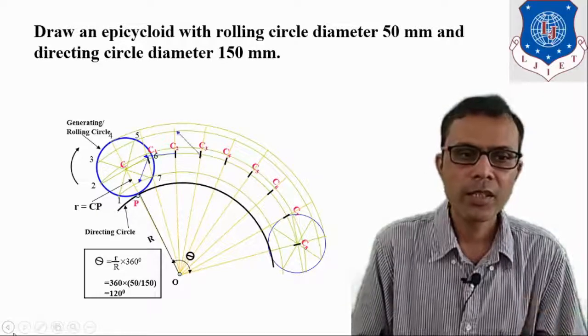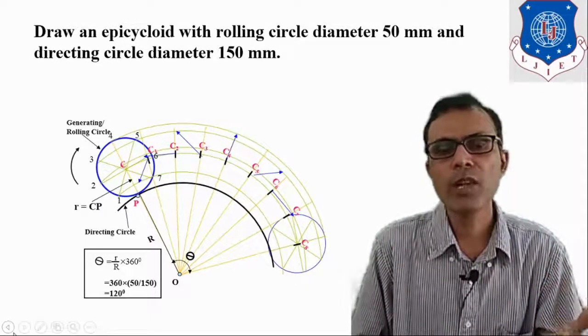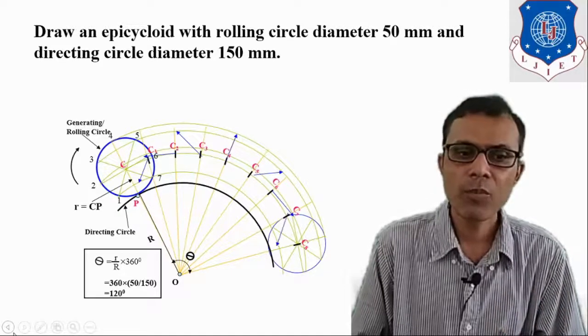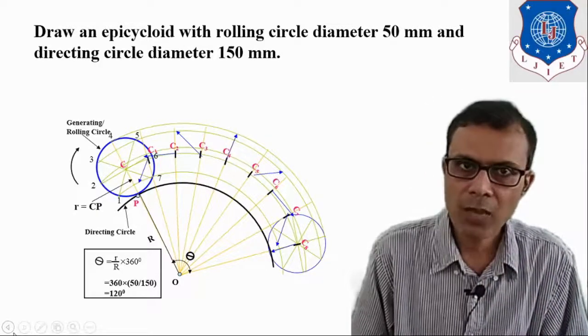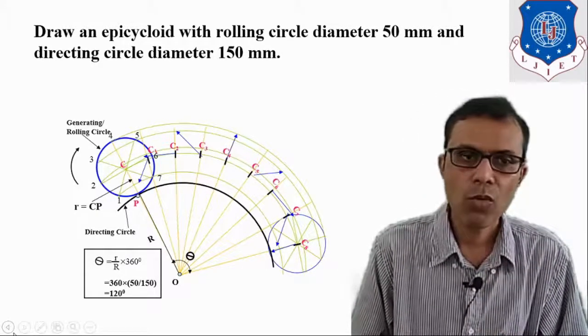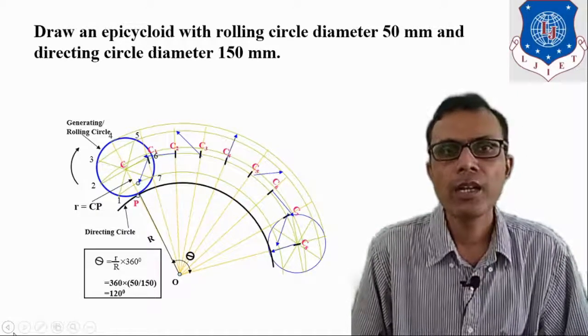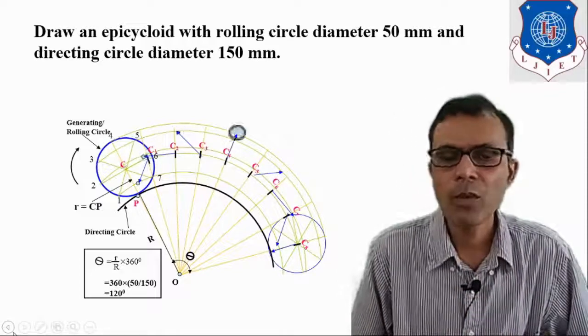Then C3, C4, C5, we keep all these points one by one as center, and finally we come to C8 as center, same compass size, and draw an intersecting arc. All these points are the required points for the different positions of the moving point.